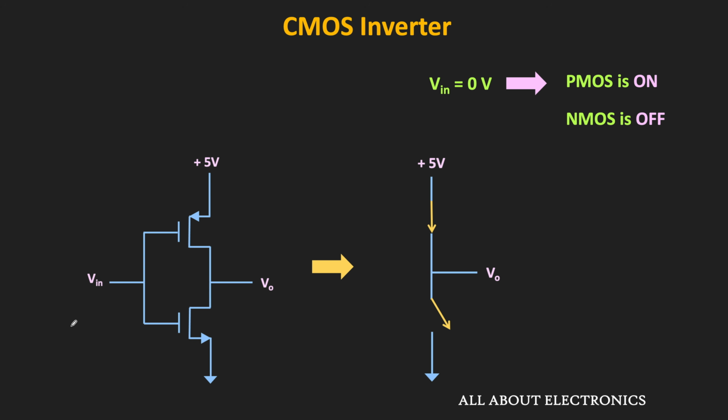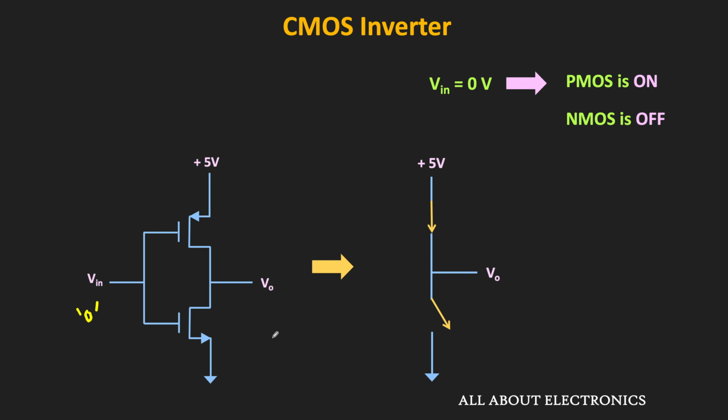So when the input is equal to logic 0, then for this PMOS transistor, this VSG is more than the threshold voltage, and that is why this PMOS transistor will remain in the on condition. On the other hand, for the NMOS transistor, this VGS will be less than the threshold voltage. That means in this condition, this NMOS will remain off.